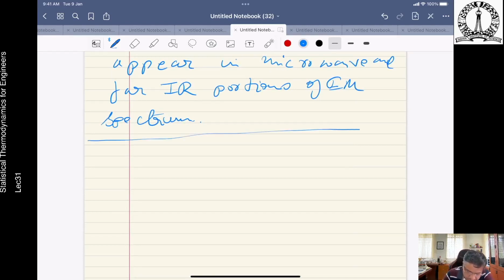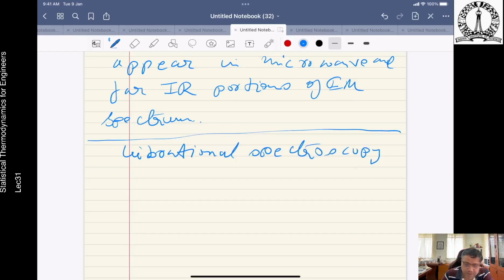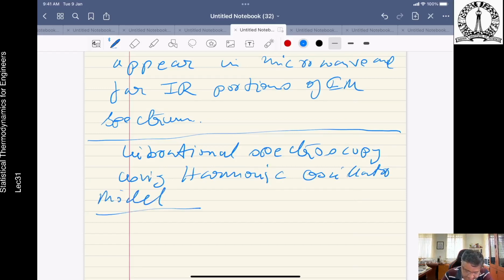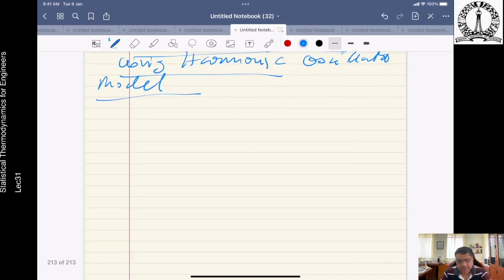Now, next comes, of course, the vibrational spectroscopy, using the harmonic oscillator model.